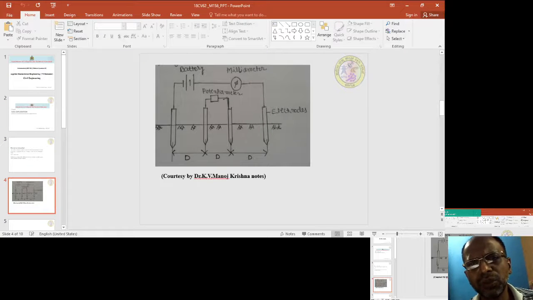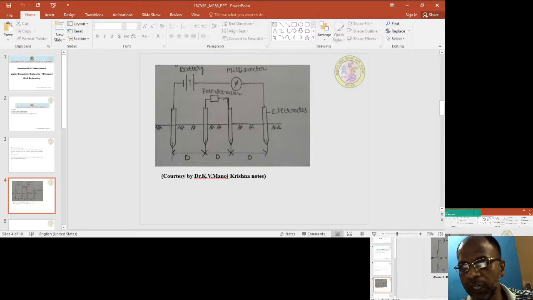Now, in order to conduct the electrical resistivity test, 4 electrodes are used. Those 4 electrodes are here: electrode 1, electrode 2, electrode 3 and electrode 4.